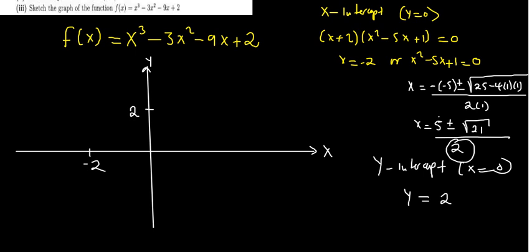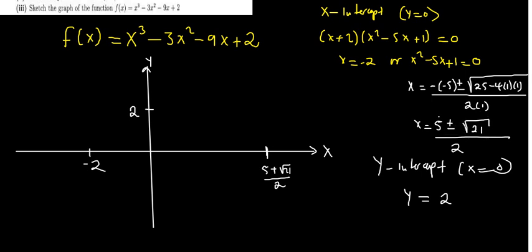9 divided by 2 is about 4.5, meaning that this value is a bit bigger. So it's going to be somewhere here. That is where we're going to find (5 plus square root of 21) divided by 2. And then, using 4 again, that will be 5 minus 4, using the negative now.